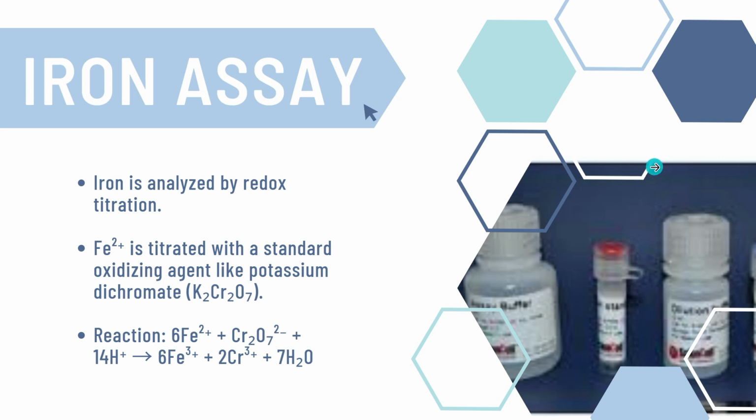We have the reaction. 6 moles of iron(II) ions react with 1 mole of dichromate ions in the presence of 14 moles of hydrogen ions to produce 6 moles of iron(III) ions, 2 moles of chromium ions, and 7 moles of water.